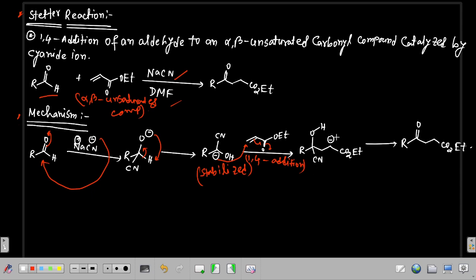Now it forms an anion, and this anion will abstract this proton, and after abstraction this bond will break. So it leads to the removal of cyanide ion, and it leads to the formation of our CC bond.